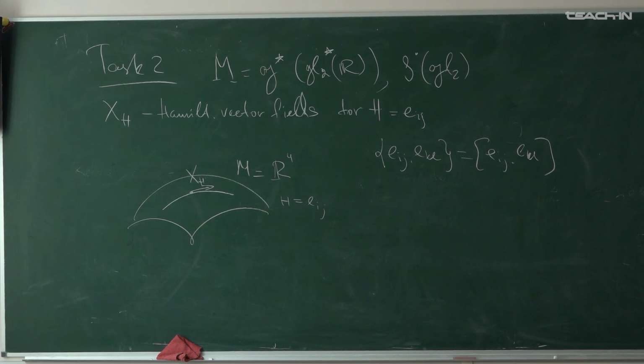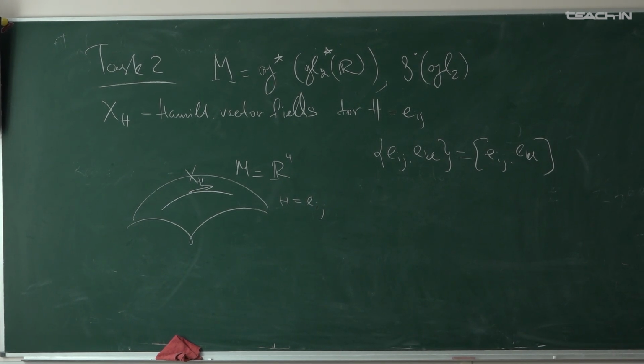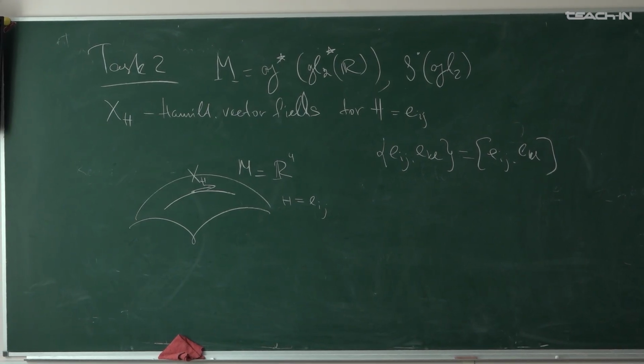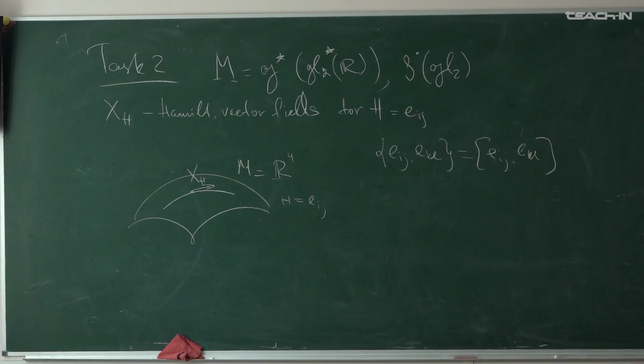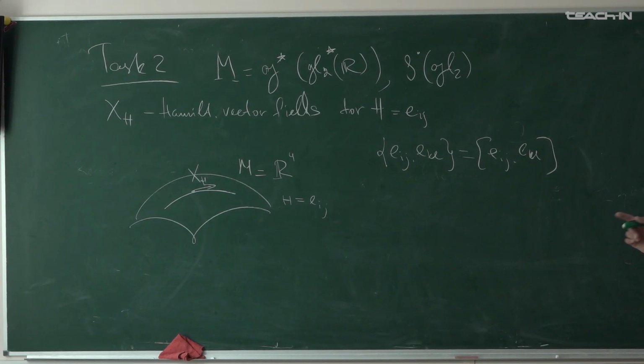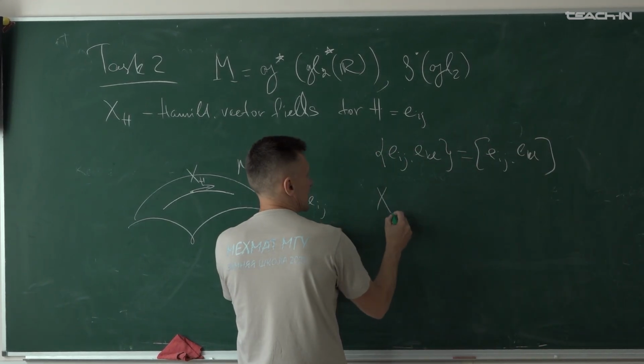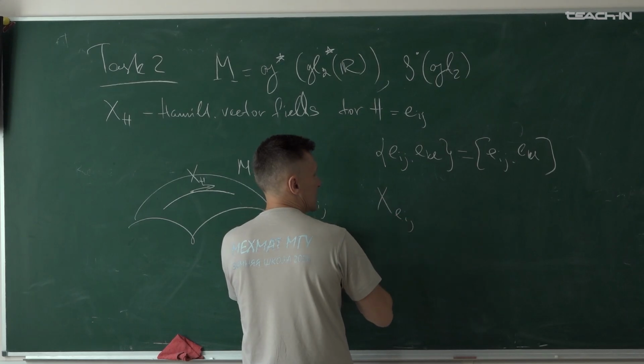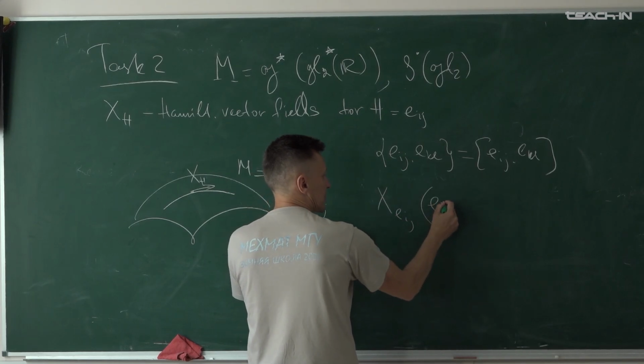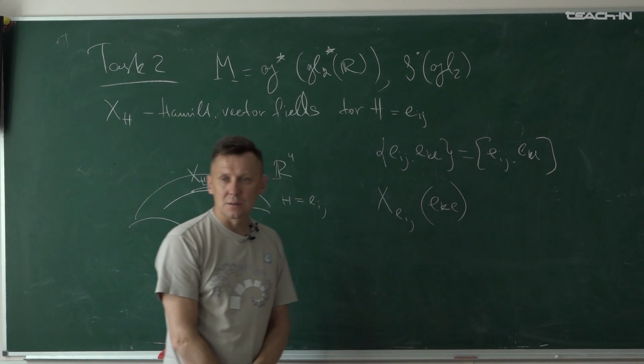But we can consider them as functions, and consider the Hamiltonian vector fields. Just for each coordinate function, we can consider its Hamiltonian vector field. And to understand how it acts, you see, X_Eij, we can apply it to the function E_KL.